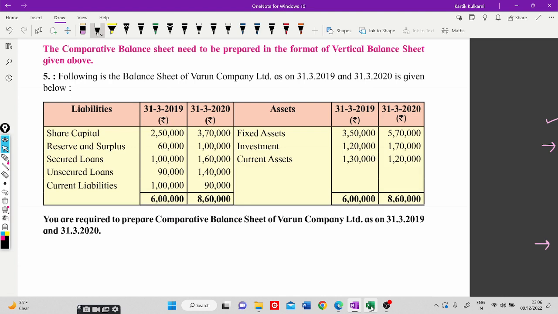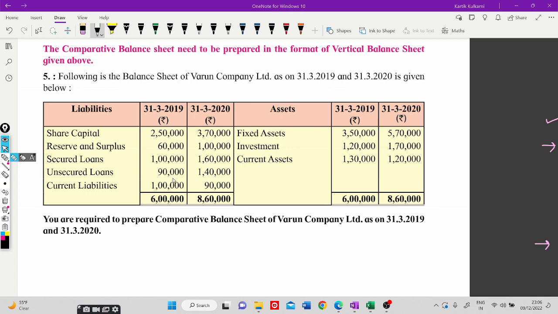So now about working capital, we can see the current asset is given in the asset side and the current liability is given in the liability side. So now first we will write current asset, below that current liability, and then we can find the difference.